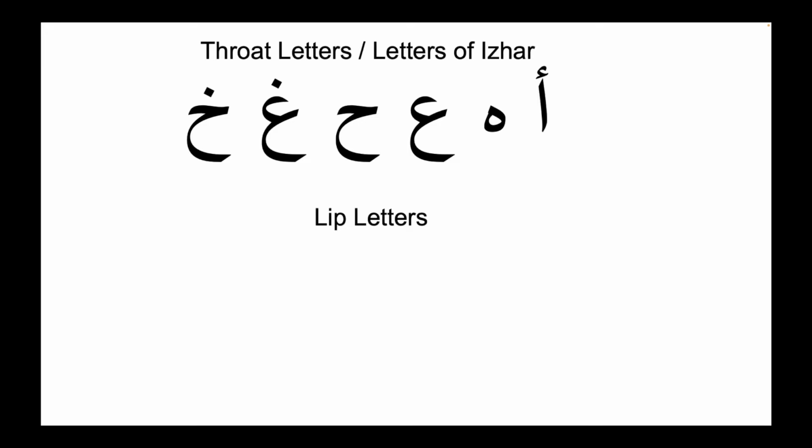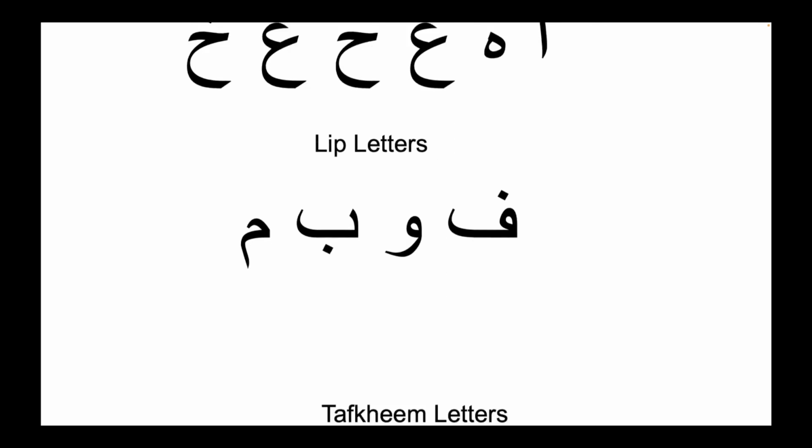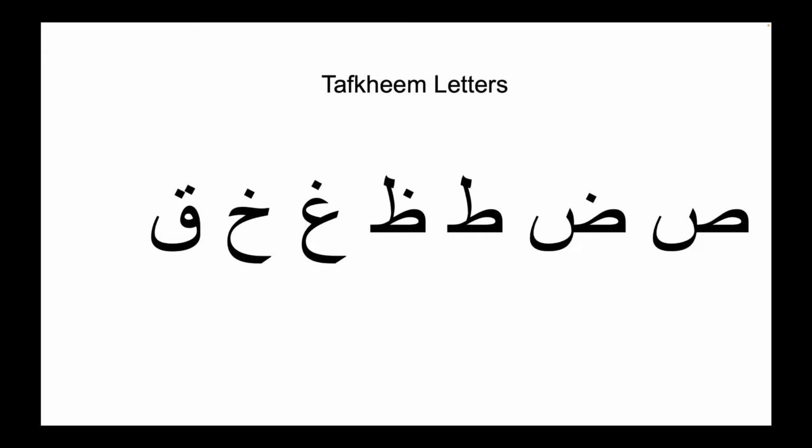Lip letters, which means those whose primary point of articulation is the lips, are Fa, Waw, Ba, and Mim. And tafkhim letters are those letters that are always pronounced heavy, as if your mouth is full of food. Very heavy. They are Sad, Dad, Ta, Za, Ghain, Kha, and Qaf, the letters of tafkhim.